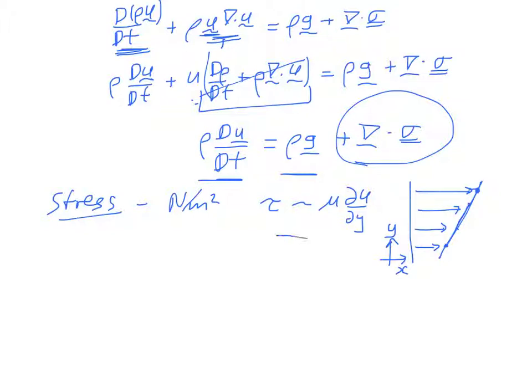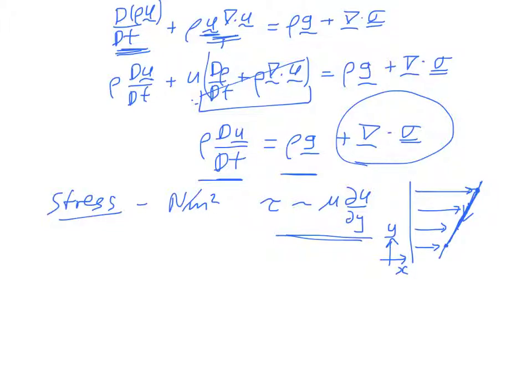And as I've written it here, we're assuming that stress is proportional to a gradient, which is very similar to the law for diffusion. You can often think of viscous stress as being the down gradient diffusion of momentum. At least that's the way I like to think about it.